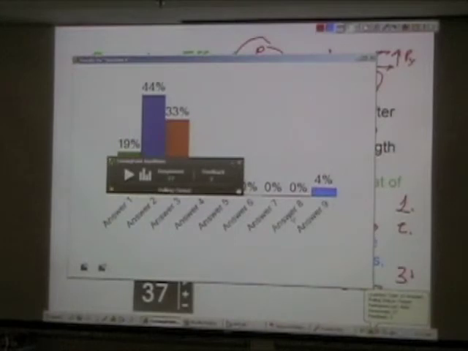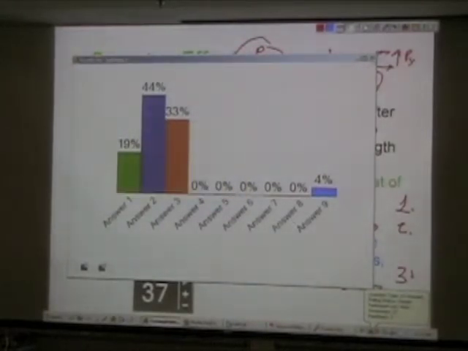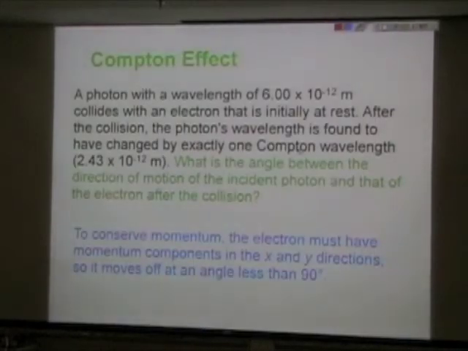Well, again, the majority gets it right. It has to be equal to the components of the photon. Again, it's just an application of the law of conservation of linear momentum.